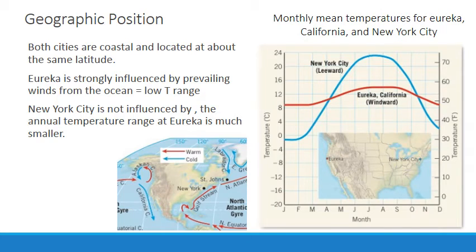The geographic setting is important because coastal locations where prevailing winds blow from the ocean onto the shore, a windward coast, experience considerably different temperatures than a coastal location where prevailing winds blow from the land towards the ocean, which is a leeward coast.